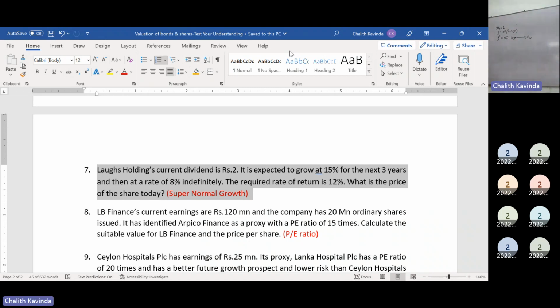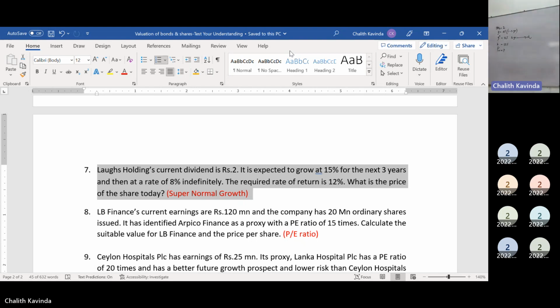The required rate of return is equal to 12%. You have to calculate the price of the share today.